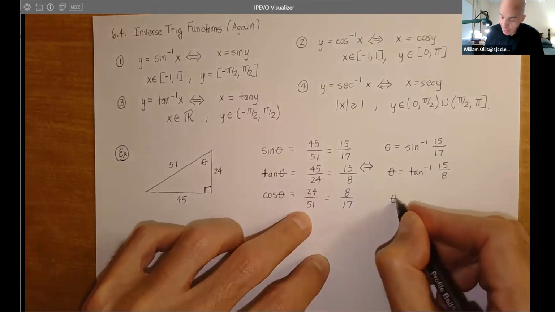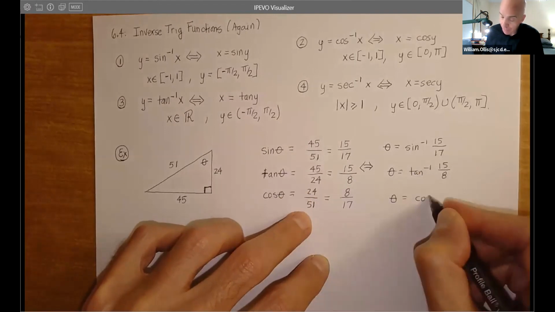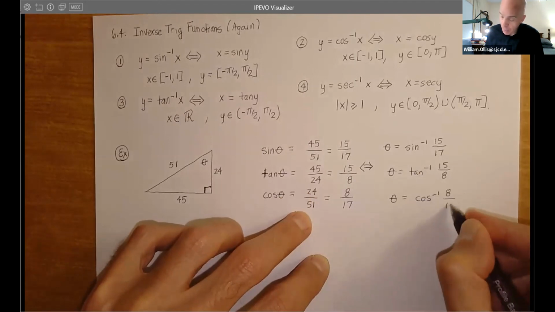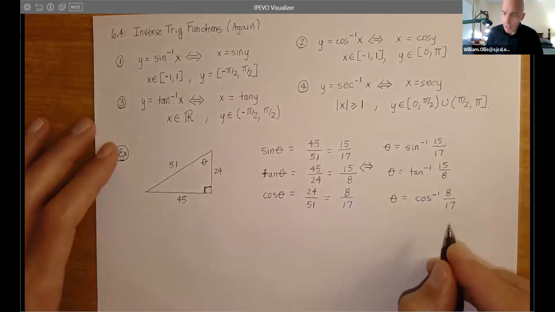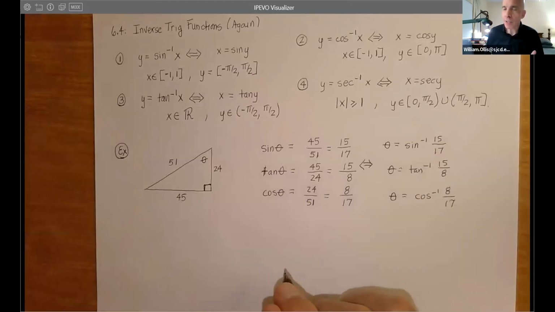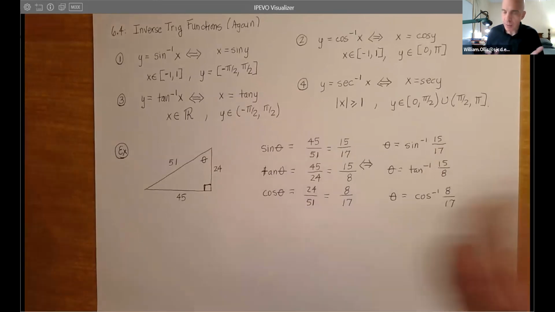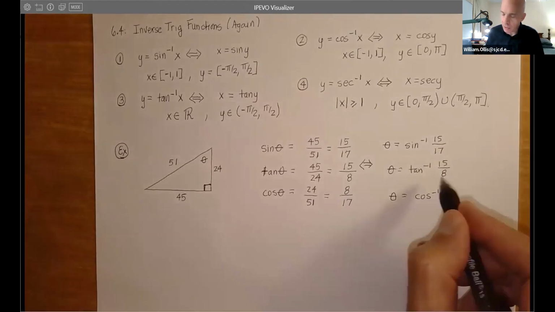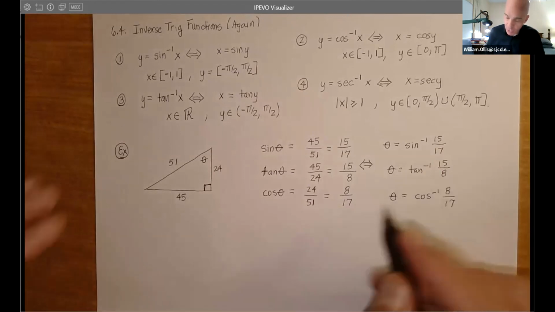And then theta is the inverse cosine of 8 over 17. So if you're solving a triangle, you can use any one of these to actually get a calculator approximation of the angle. So, you know, it doesn't really matter. All of these we find on our Google calculator. So if you like, let's just go ahead and use the inverse cosine.